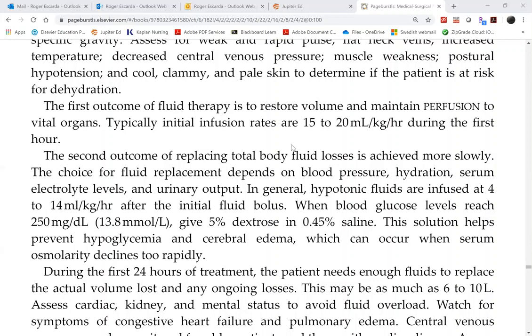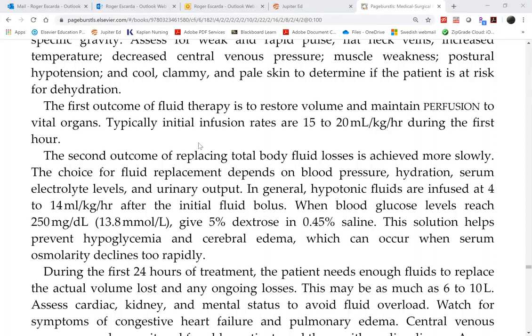So while this thing is running, what is the second outcome? Thank you for reading, Ms. Tessering. A second outcome of replacing total body fluid losses is achieved more slowly. The choice for fluid replacement depends on blood pressure, hydration, serum electrolyte levels, and urinary output.